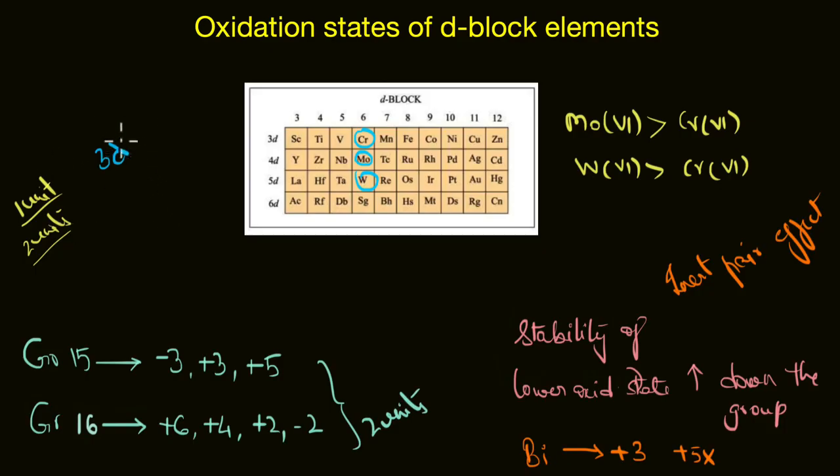Because of this, the 3d electrons are held closer towards the nucleus and become less participative in chemical reactions. Whereas the 4d and 5d electrons are more free to participate in chemical bonding, and this makes the higher oxidation states more stable in the heavier elements.